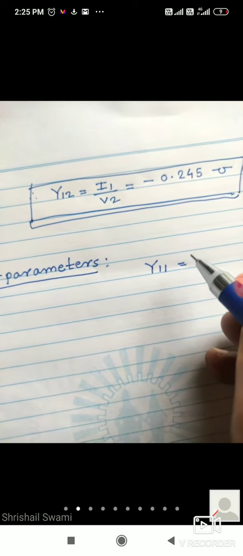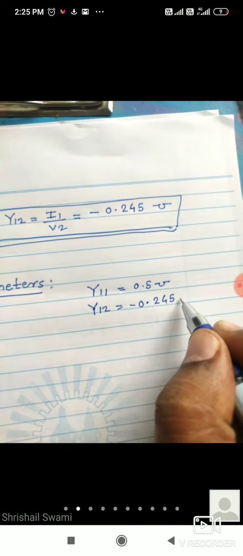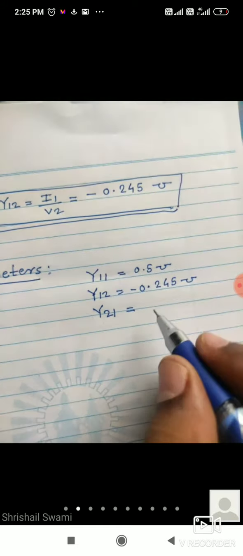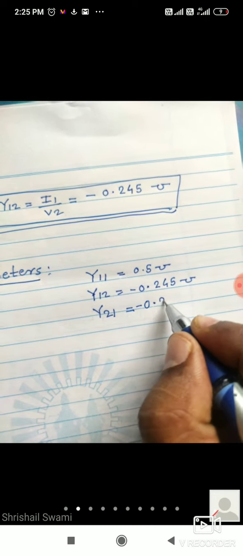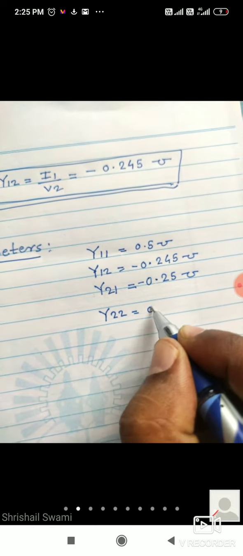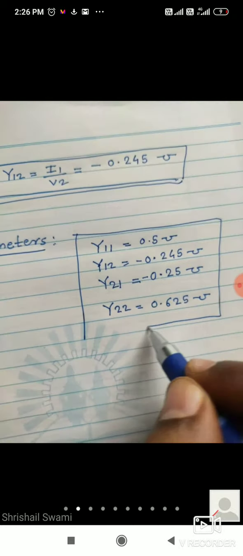We have to summarize now. Y11 how much? 0.5 mho. Y12, just now you got minus 0.245 mho. Y21, how much? Minus 0.25 mho. And Y22 is 0.625 mho. Okay, so this will be the answer.